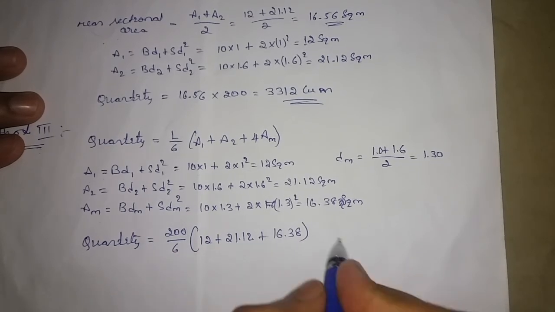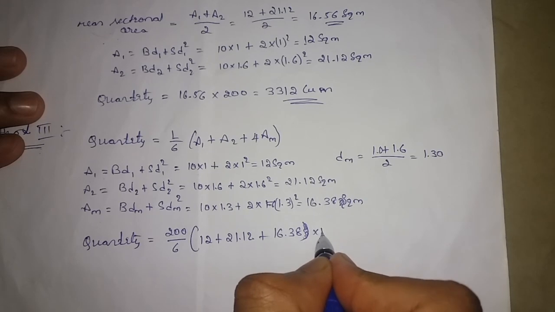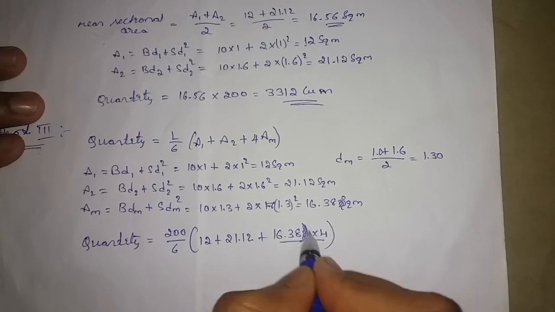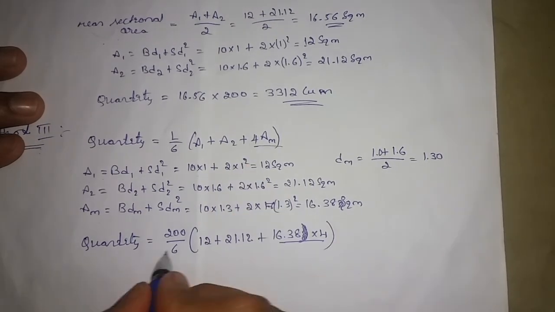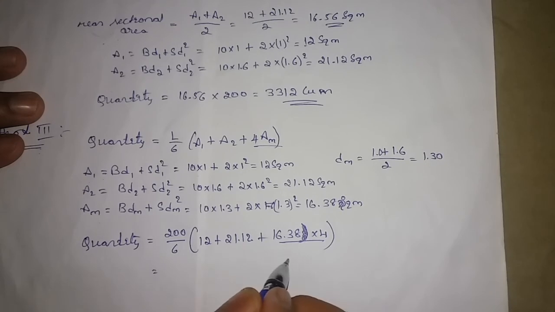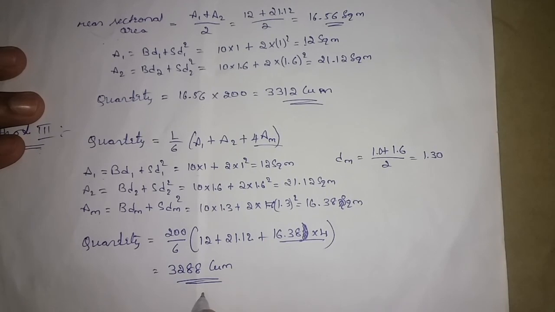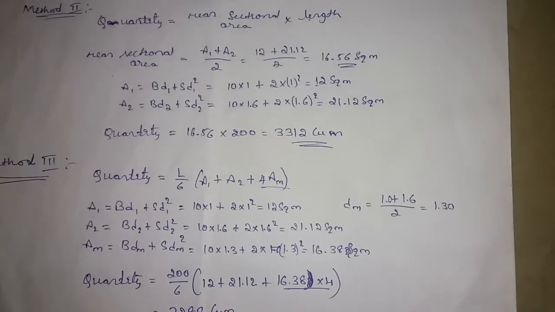Yes, one more is missing here, that is into 4. As per the formula, AM is multiplied by 4. If I calculate this, you will get around 3288 cubic meter, or you can also call it meter cube. Okay, so this is how we find it.